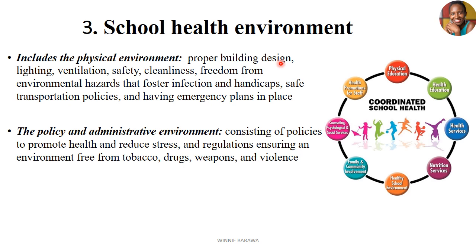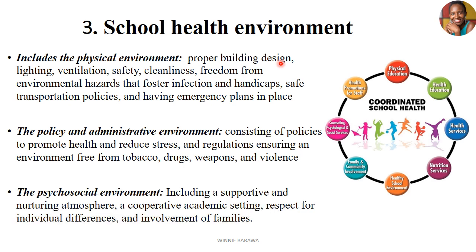We've seen cases where schools have been vandalized and children have been injured, and there's violence that has taken place and children have been handicapped or incapacitated. So the school environment needs to ensure there are policies and administrative channels that ensure that it's safe, free from stress, and regulations that ensure the students are free from drug abuse, weapons, or even violence.